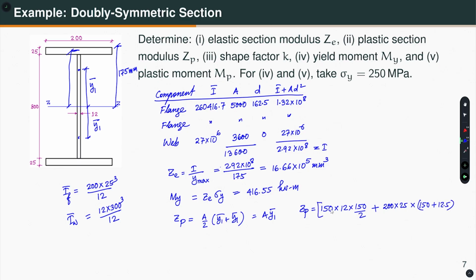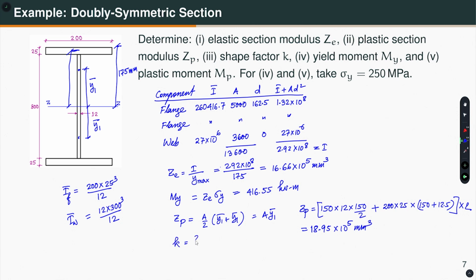So, this is for this one and this one. If I multiply by 2, I get it for the whole cross section, and that turns out to be 18.95 into 10 raised to the power 5 mm cube.